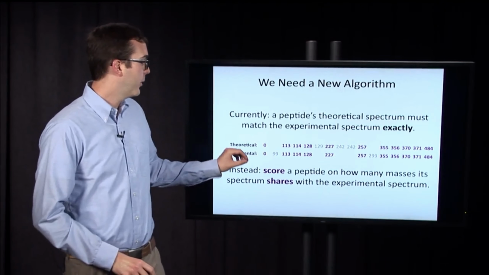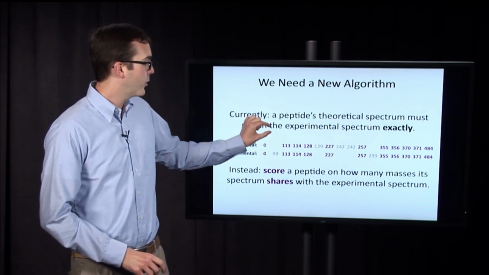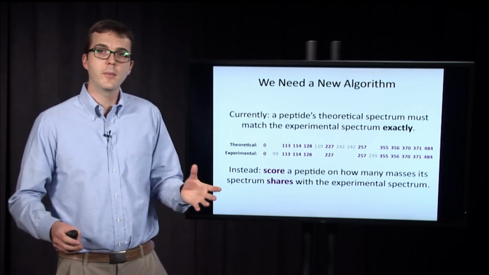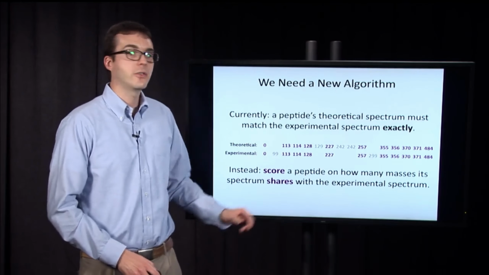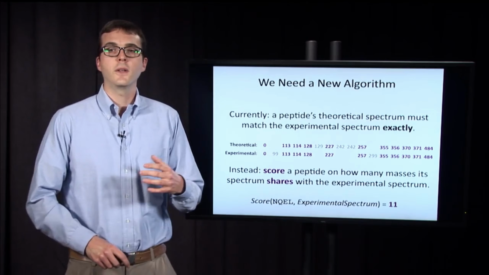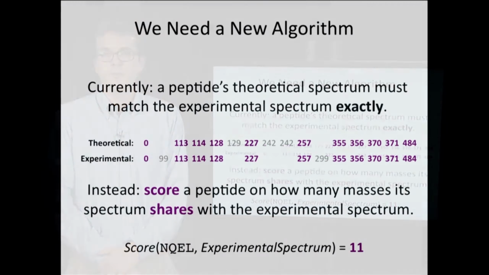For example, the theoretical spectrum of NQEL is still pretty similar to the experimental spectrum that we have. Notice that it shares 11 masses. So we're going to say that the score of NQEL with this experimental spectrum is equal to 11.